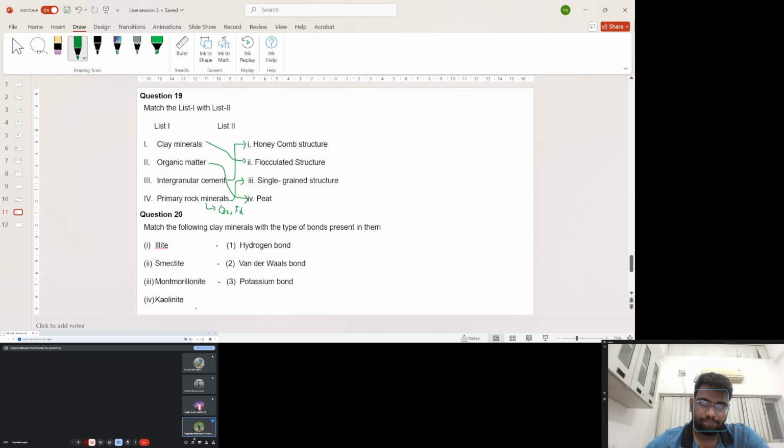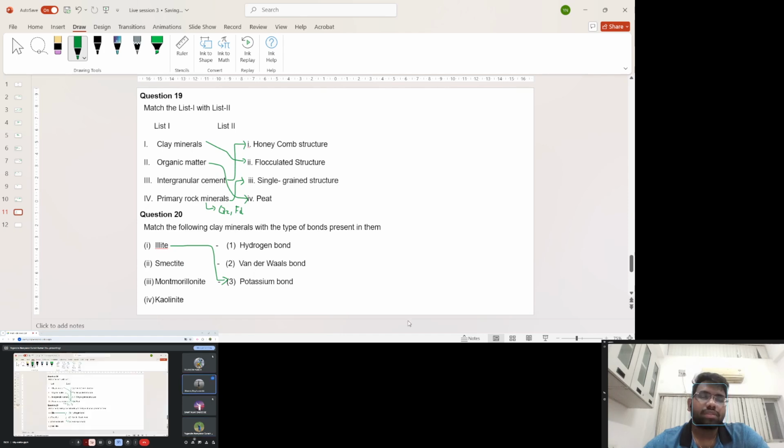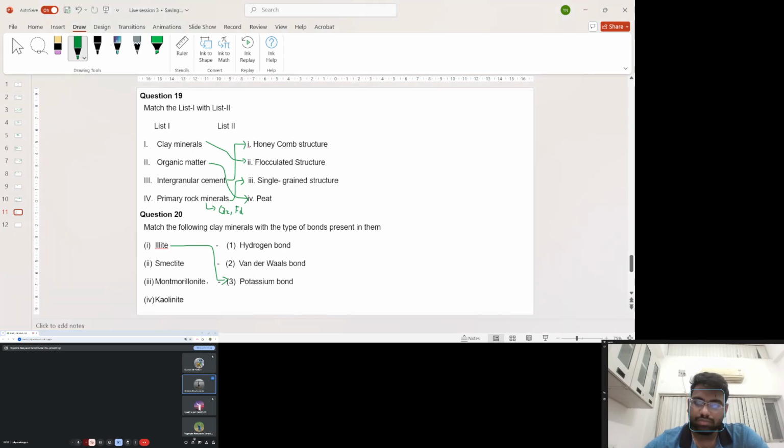Illite has potassium bond. Others? Montmorillonite has van der Waals, and smectite also. And the rest is kaolinite with hydrogen bond.